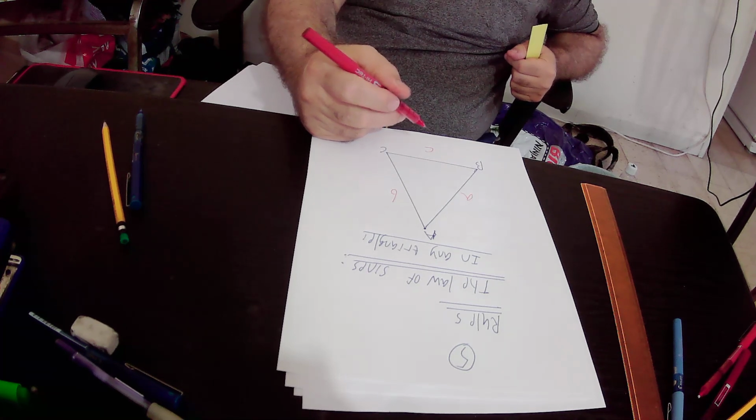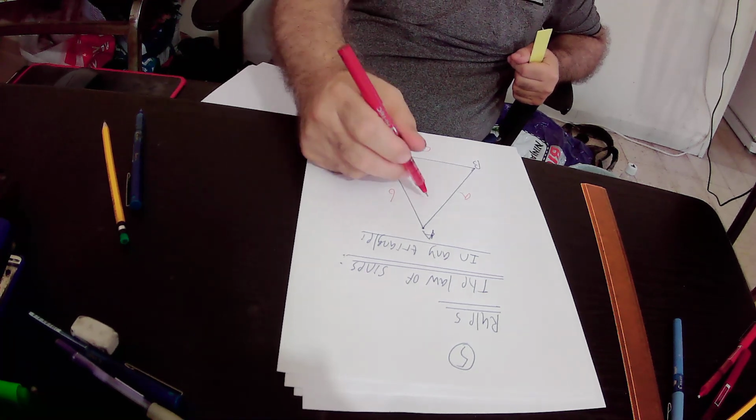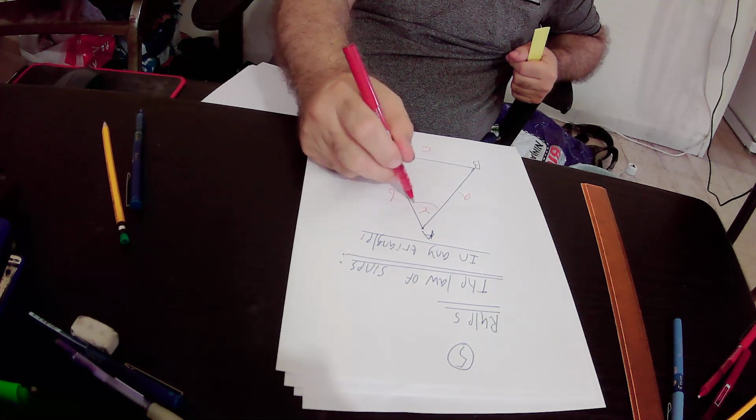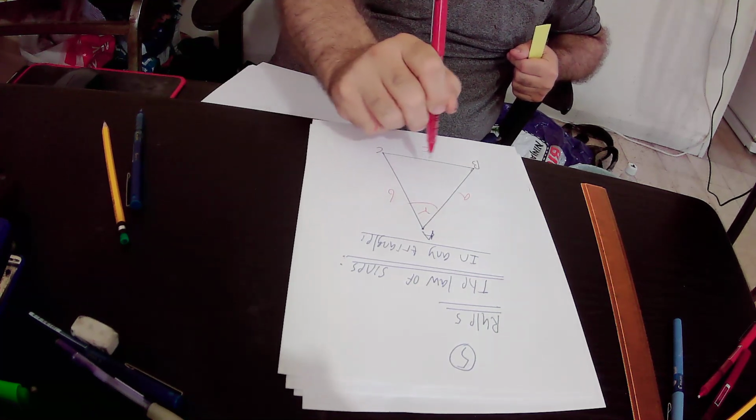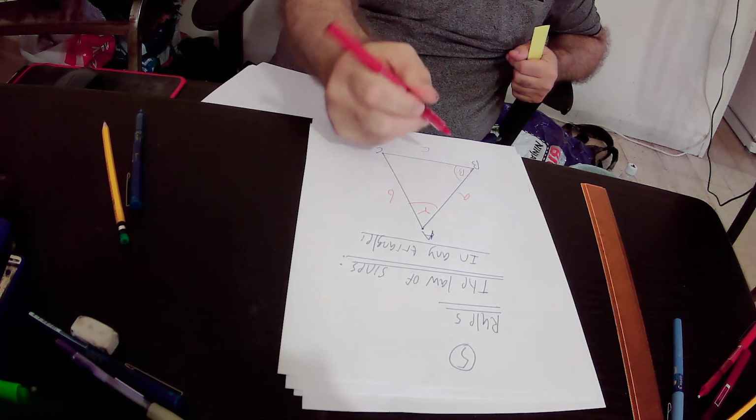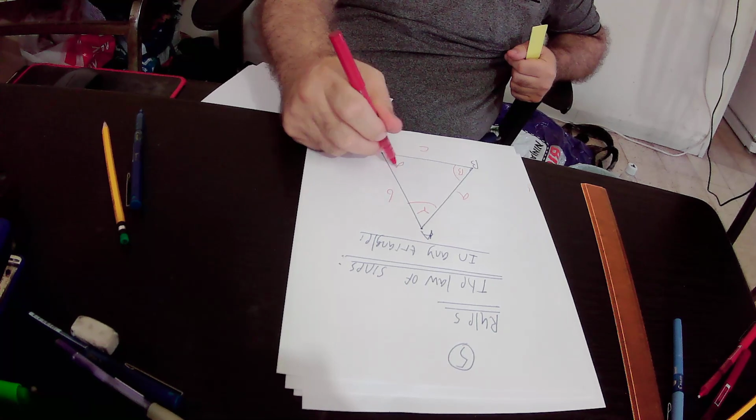We know that this angle is gamma, this angle is beta, and this angle is alpha.